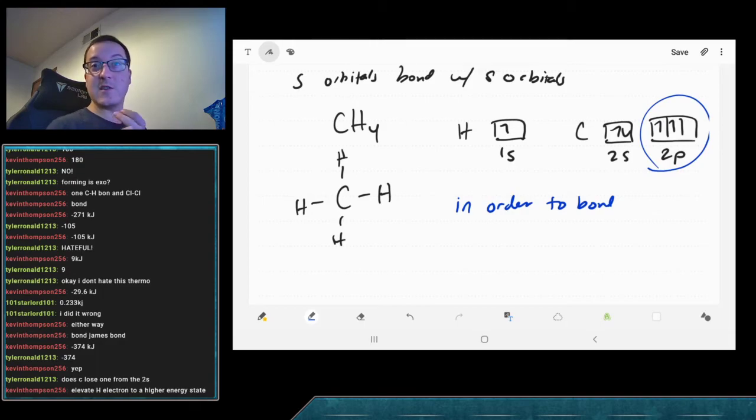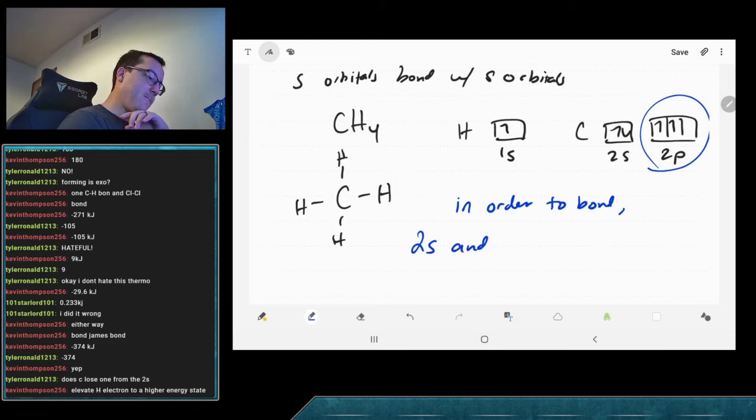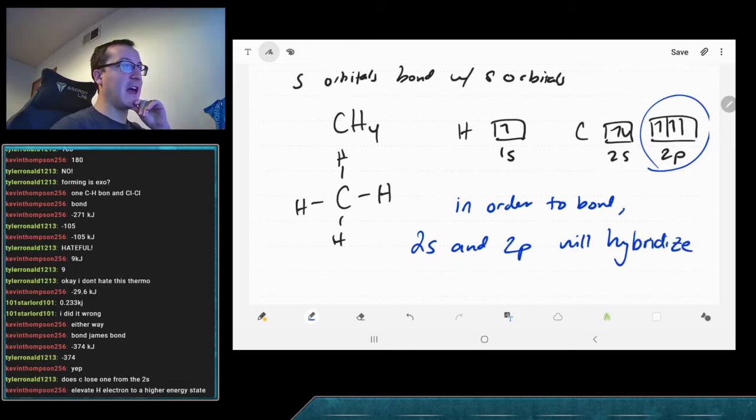And so yes, that is one thing we could do, Kevin. We could promote hydrogen electrons into a higher energy state, but that is a bigger energy gap than what we are about to do. And what will happen is that these orbitals are actually going to form hybrids.